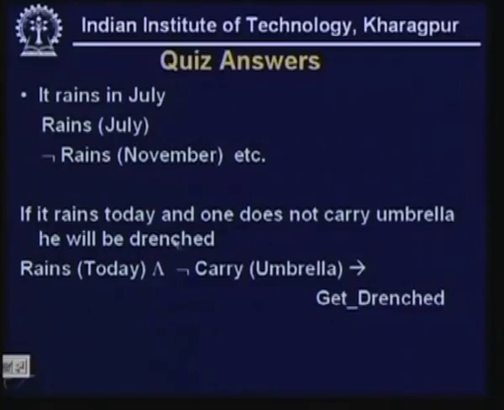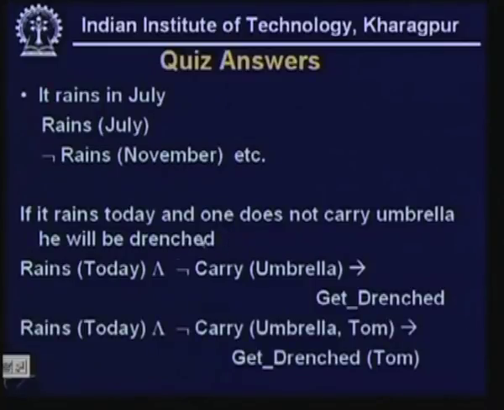So, let us ignore this part for the time being. If we neglect that, we get rains today and not carry umbrella implies that somebody gets drenched.